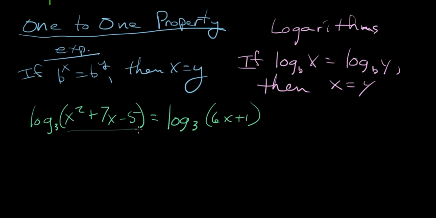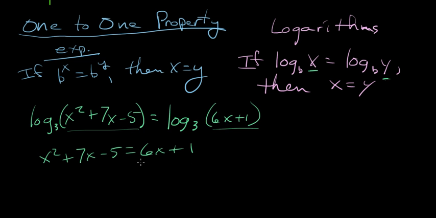Well, this is x and this is y in this property. Log base b, log base b. The bases are the same, so we can just make these two equal to each other. x squared plus 7x minus 5 equals 6x plus 1.